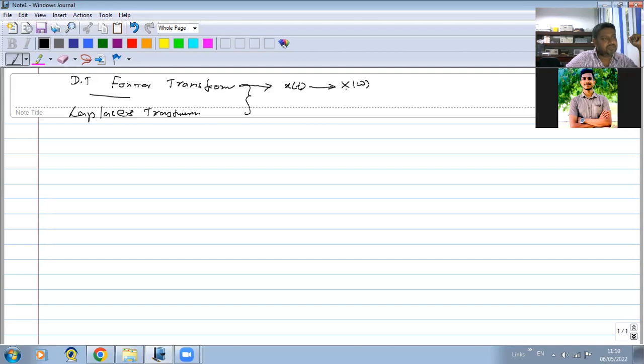If you can remember the Laplace transform also, you convert a time domain signal into the S domain. This S is a complex variable.